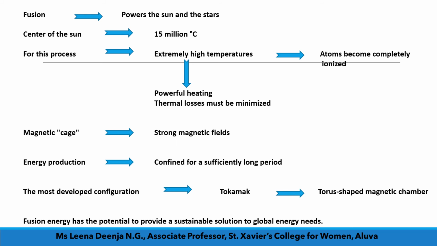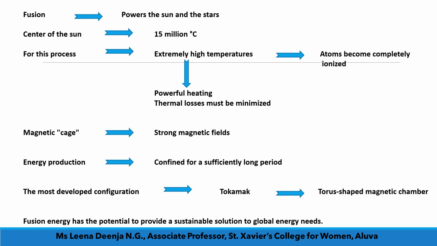To reach such temperature levels, there must be powerful heating. Moreover, the thermal losses must be minimized by keeping the hot fuel particles away from the walls of the container. That is achieved by creating a magnetic cage made by strong magnetic fields which prevent the particles from escaping.